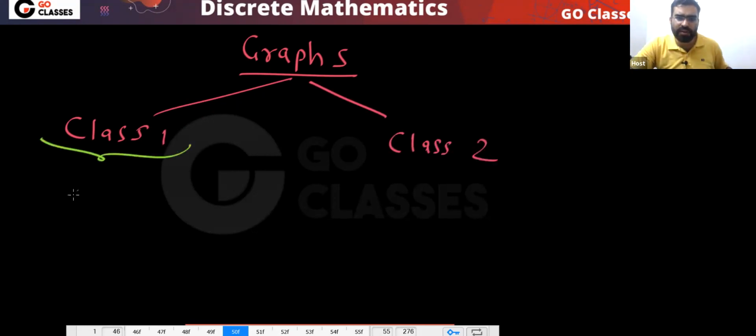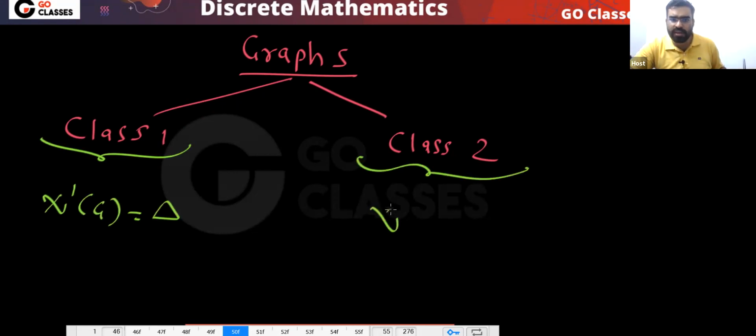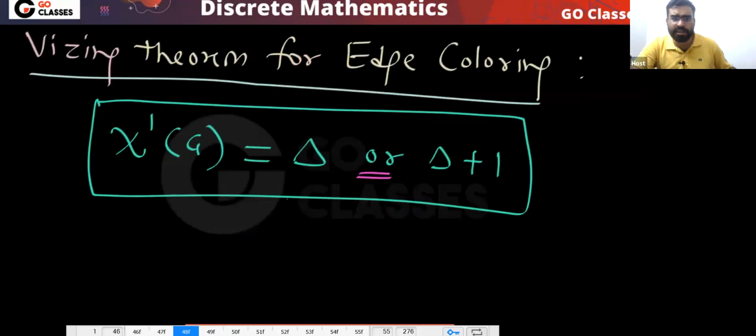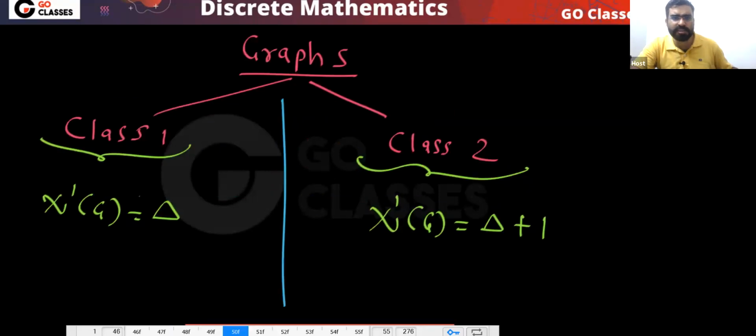Class 1 graphs are where the edge chromatic number is equal to delta, and class 2 graphs are where the edge chromatic number is delta plus 1. Class 1 means chromatic index delta. Class 2 means chromatic index delta plus 1.